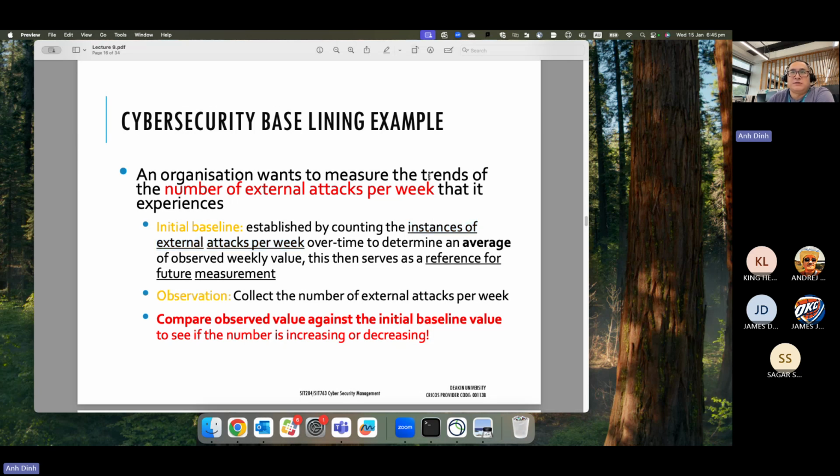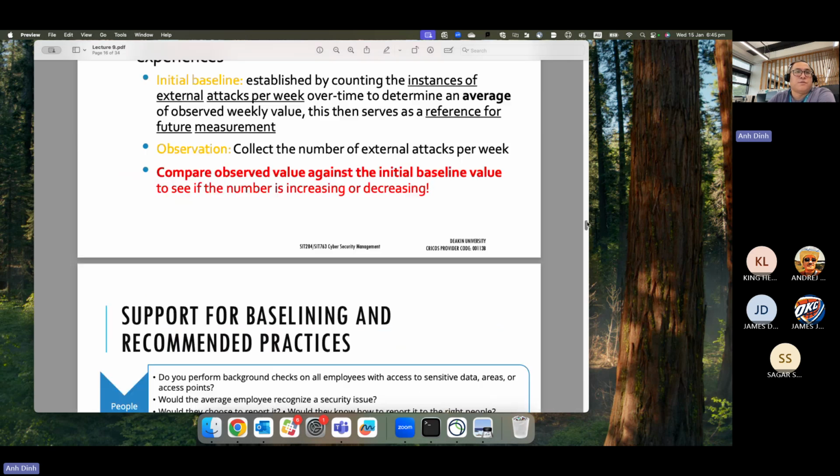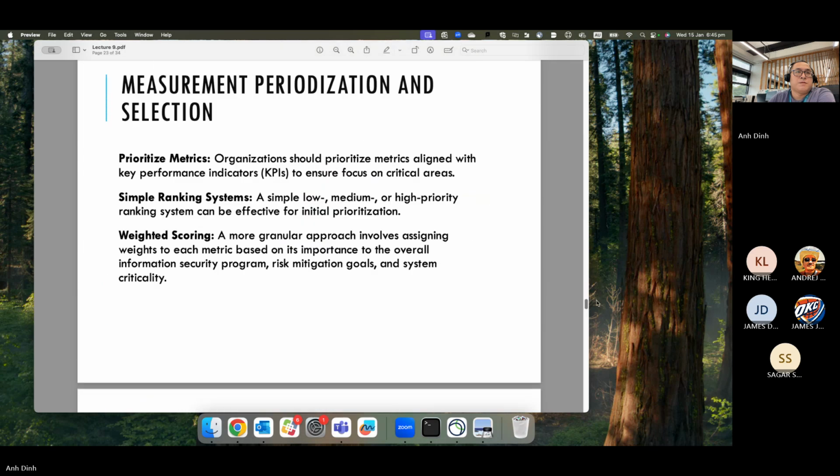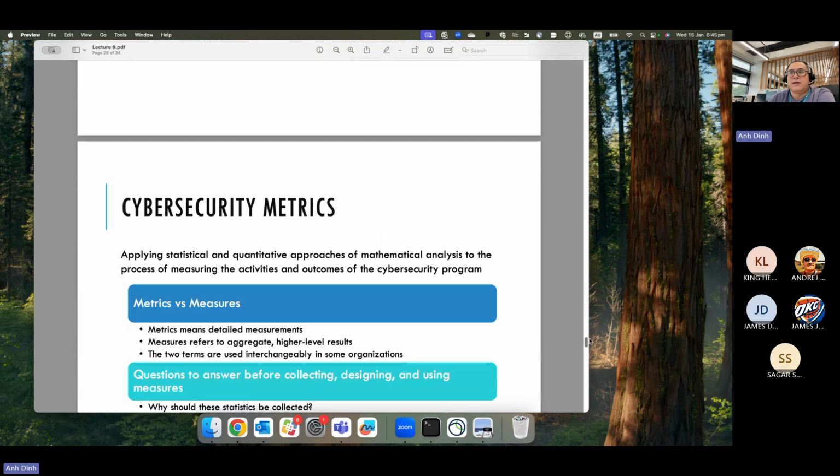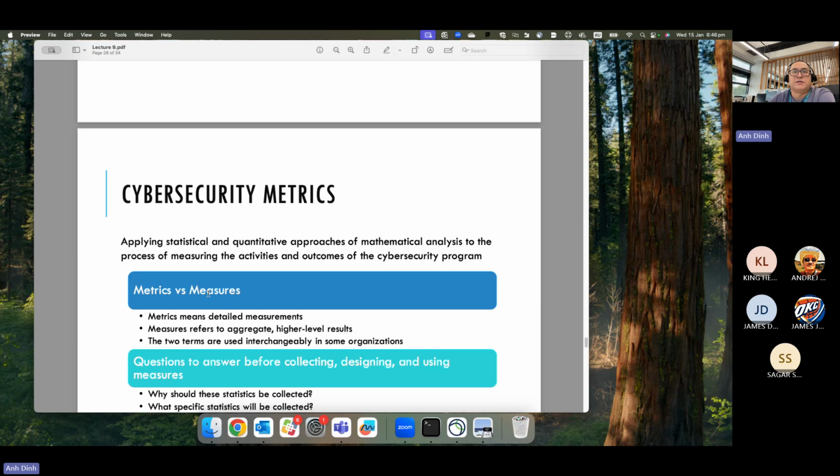So the metric is the trend of the number of external attacks per week, and this is computed over the measures, which are the instances of external attacks per week. So this is a way to distinguish them. Metric is closer to the goal that you want to understand, and measures are the raw data points.